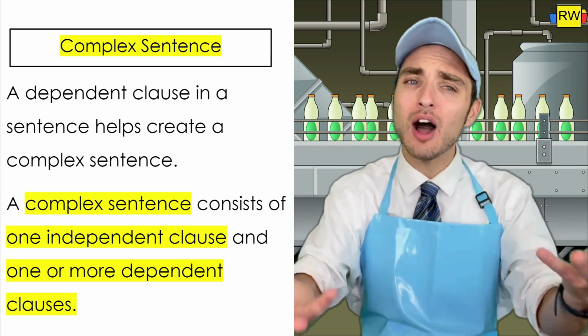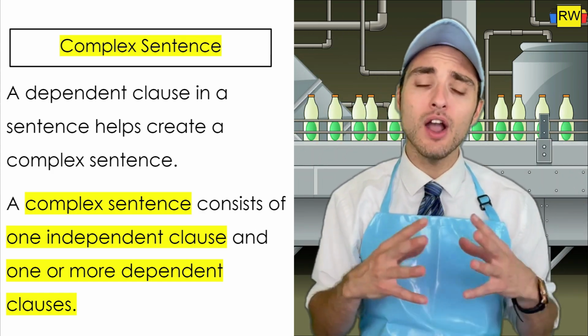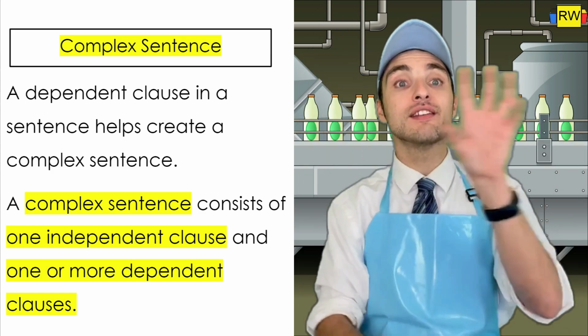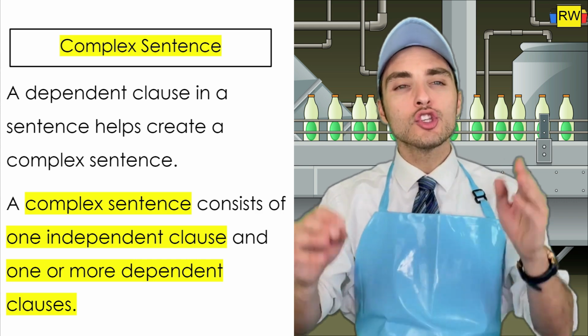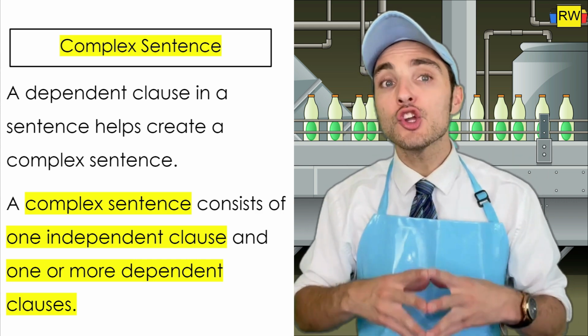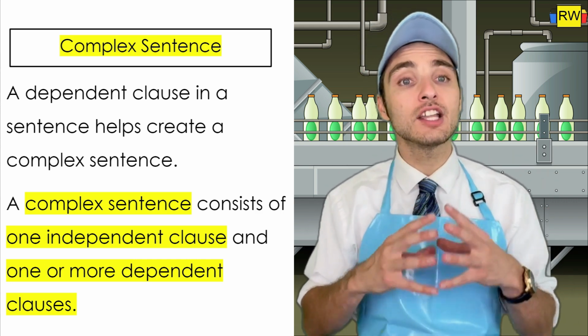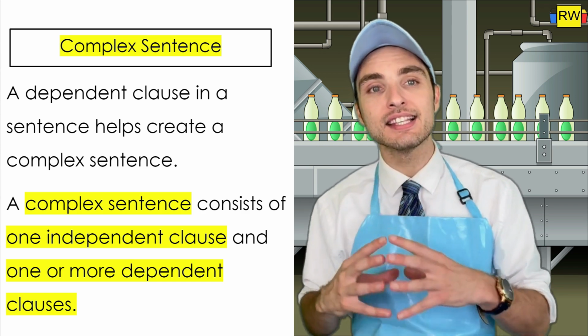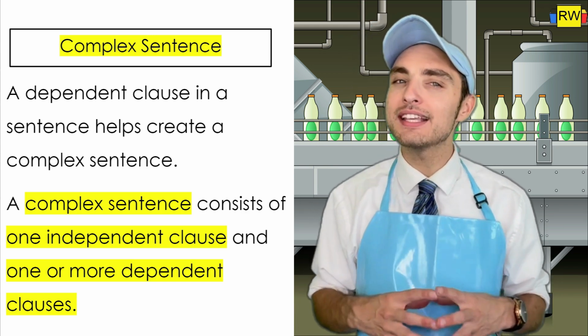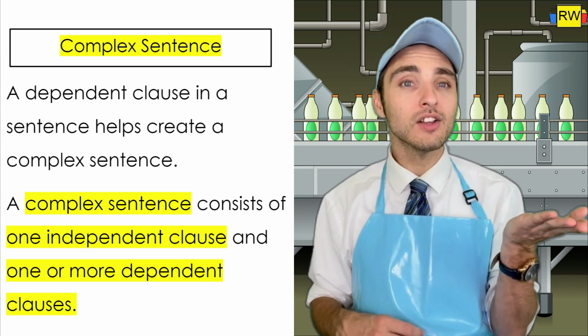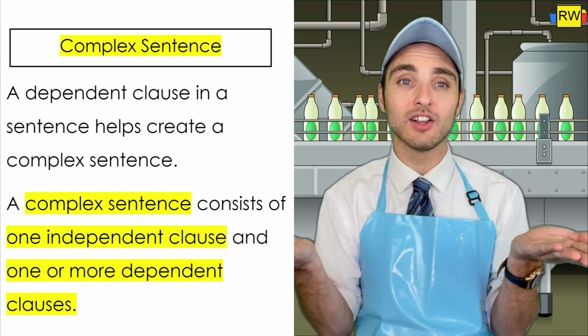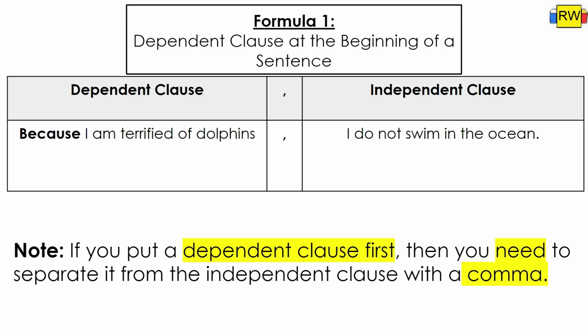And with complex sentences, as we know, they can be arranged in various ways. So, pay close attention to where the subordinating conjunction appears in the sentence, because that will help you identify where your independent clause is and where your dependent clause is. Let's go ahead and look at Formula 1.